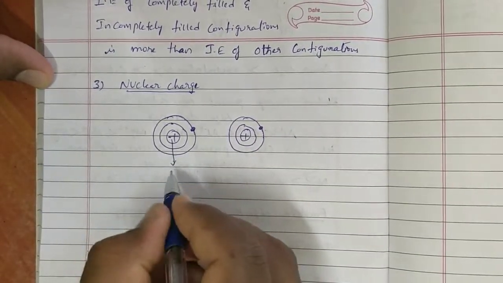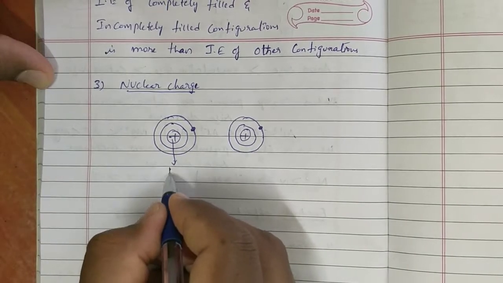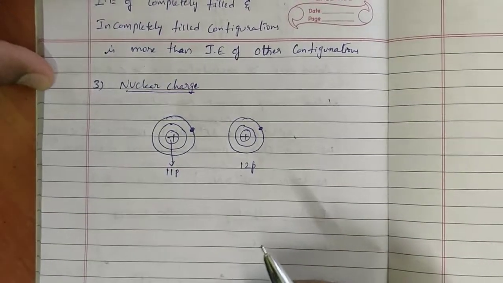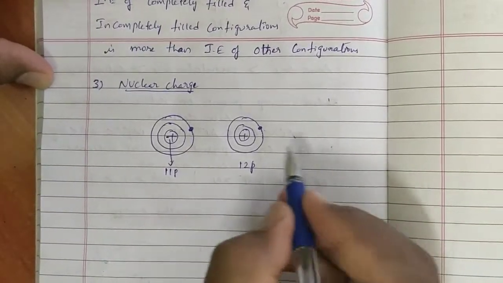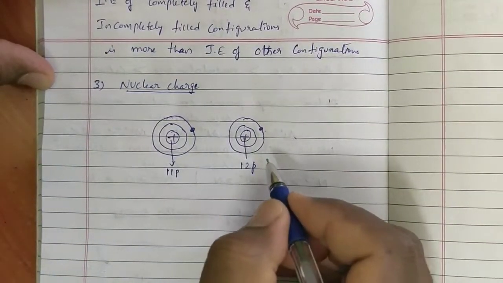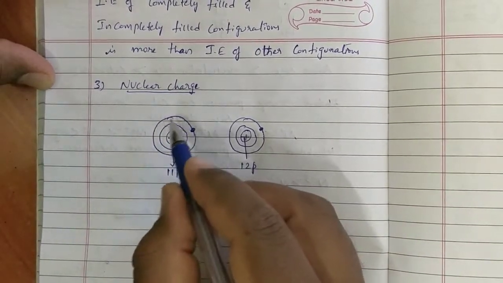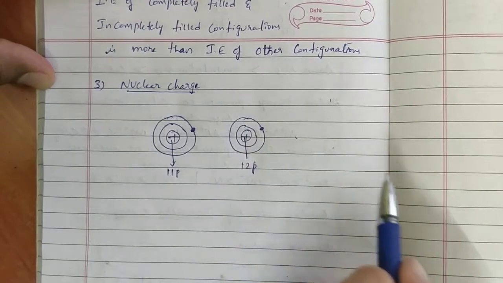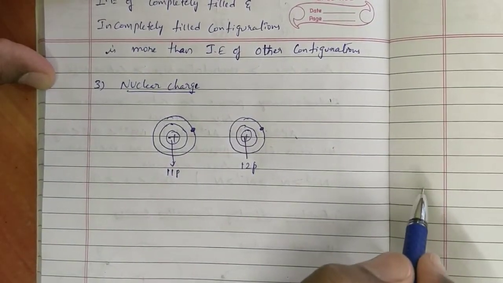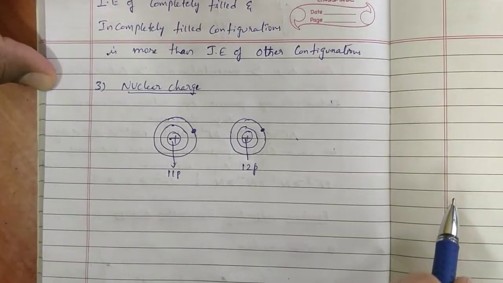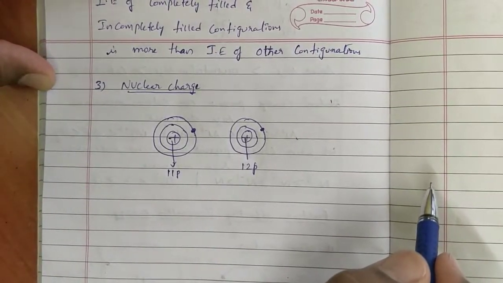But here 11 protons are there, here 12 protons are there. Nuclear charge is increased, but the electron remained in the same shell only. Is it correct or not?